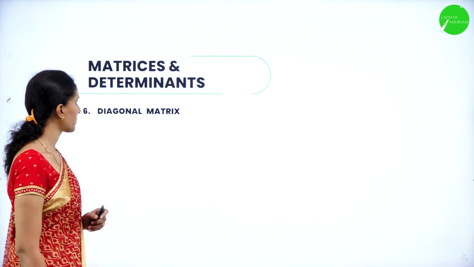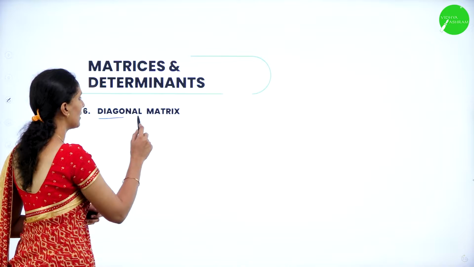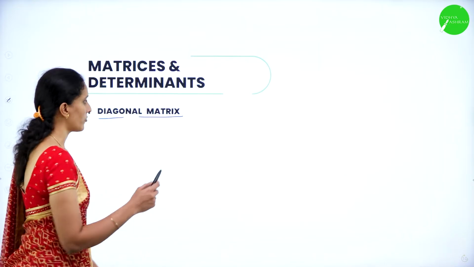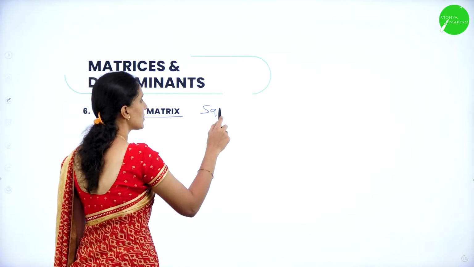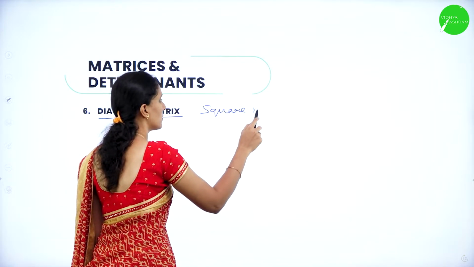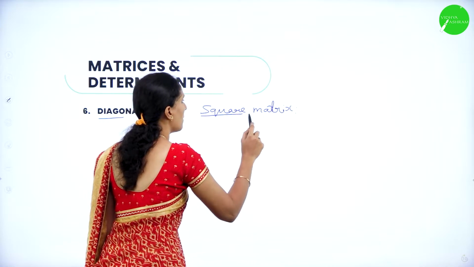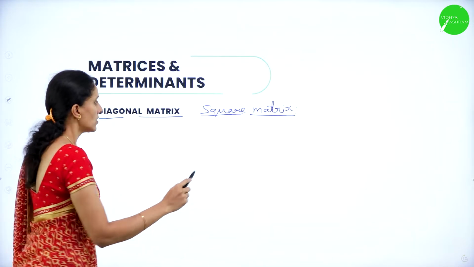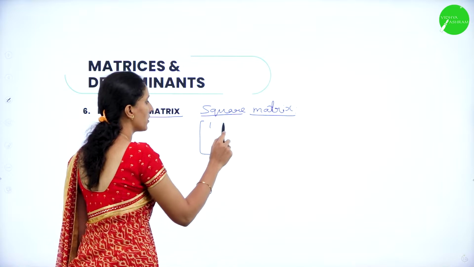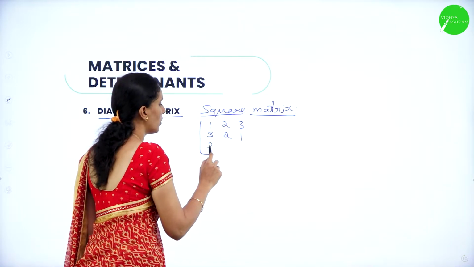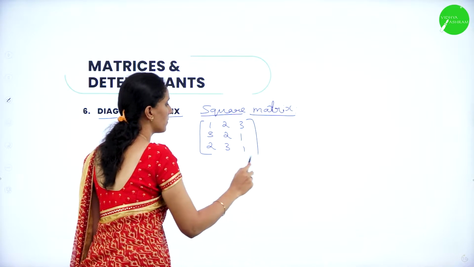Next one, we have a diagonal matrix. A diagonal matrix is a square matrix. So let me take an example of a square matrix here: 1, 2, 3, 3, 2, 1, 2, 3, 1.